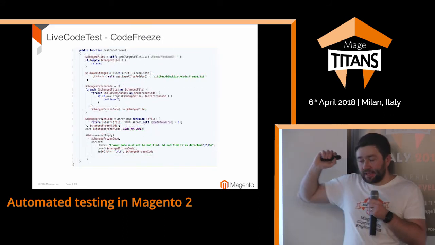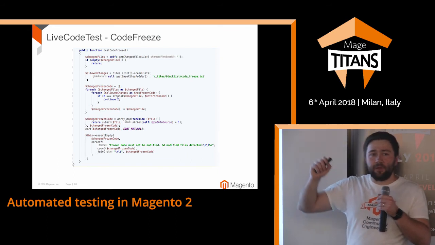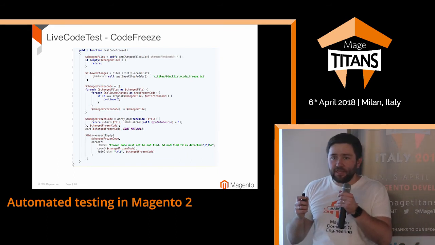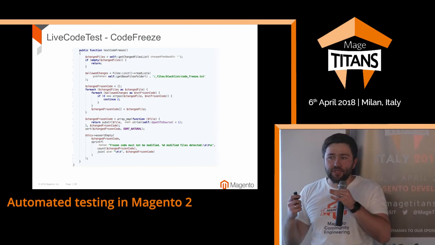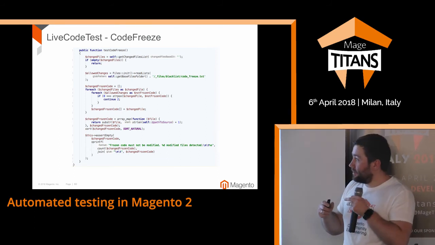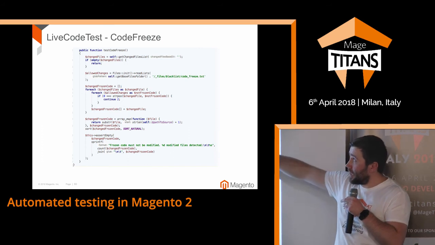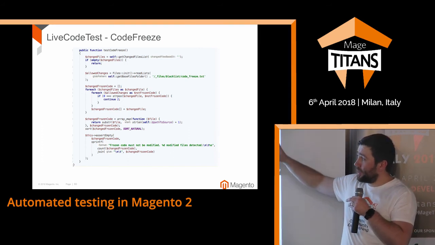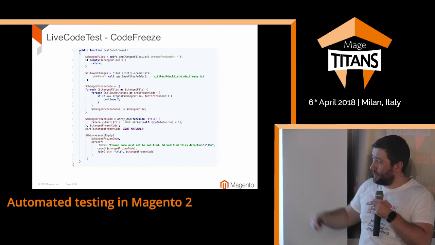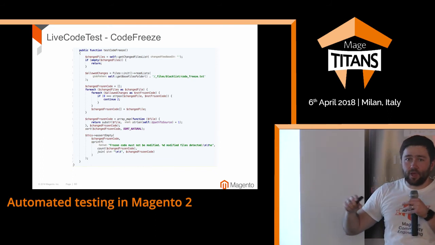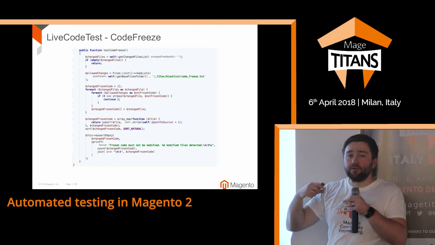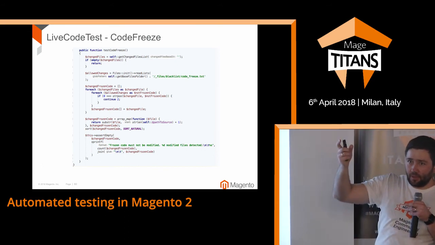Also, currently we are preparing for regression, and that's why we are not allowed to introduce new changes to Magento core code. So we introduced the live code test, which also applies on all the changed files that are going to be pushed, and we now allow contribution just to MSI modules and not to Magento core.